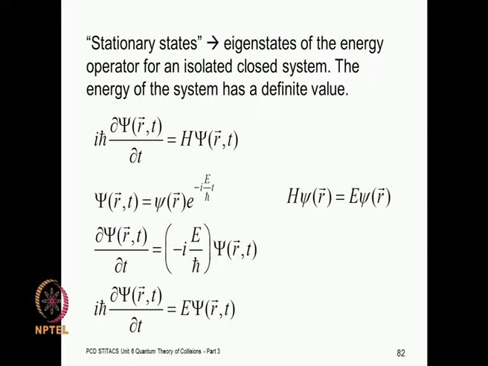So the typical states that we talk about, which are non-resonant states, these are the stationary eigenstates. And for an isolated system you have got the Schrodinger equation, whose solution has got a space dependent factor and a time dependent factor, which has got a uniquely defined sharp energy.